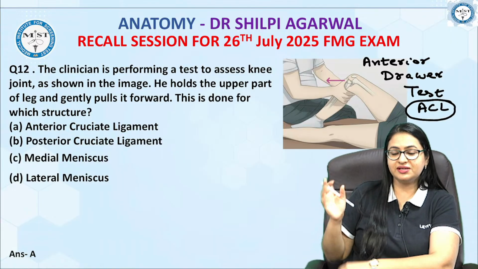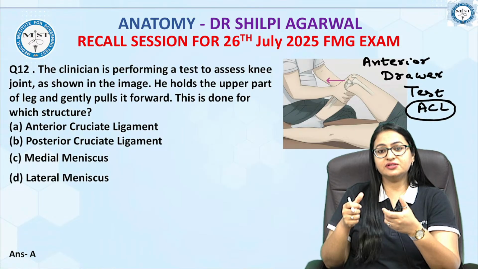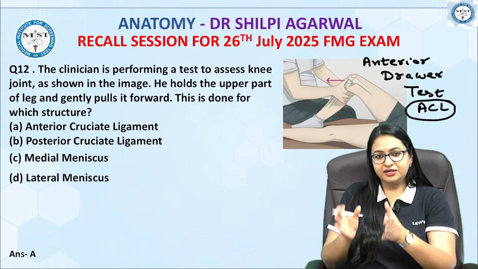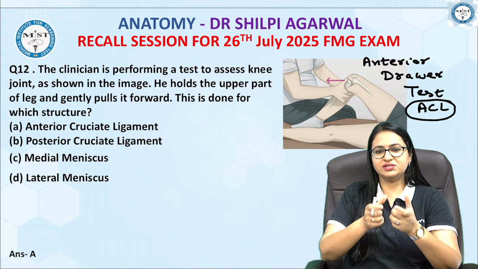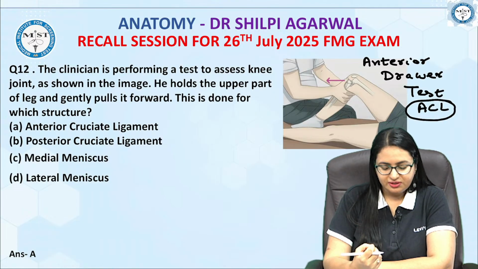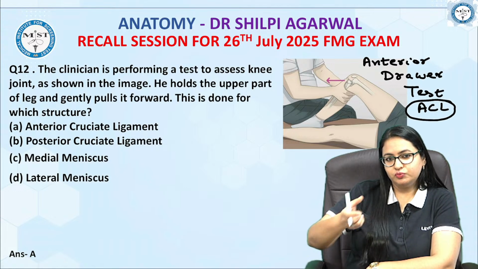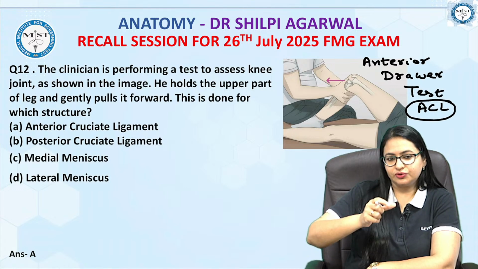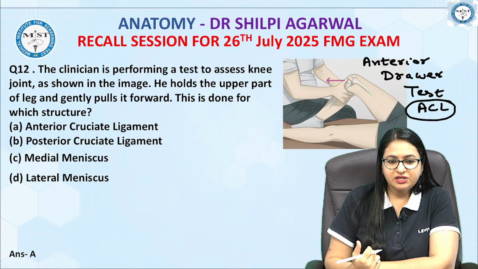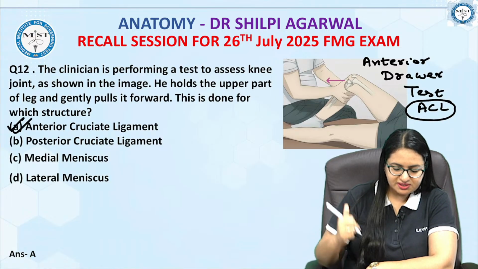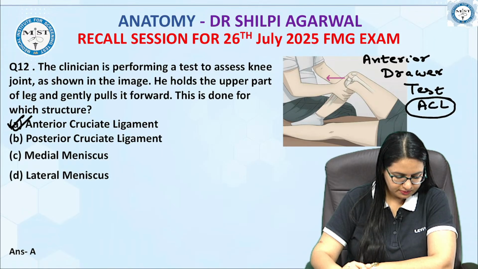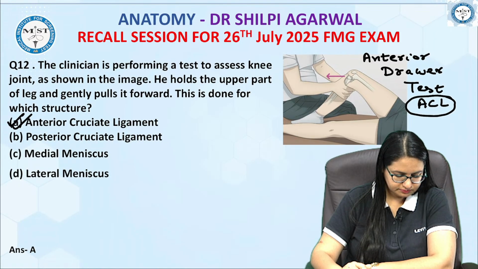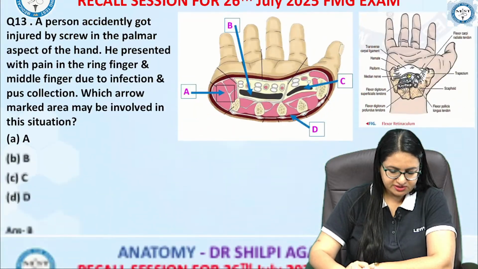So in this test, if the anterior cruciate ligament is injured, there will be free movement, slightly more movement towards the anterior side. So specifically this test is to assess the anterior cruciate ligament injury. Yes, it is anterior cruciate ligament.